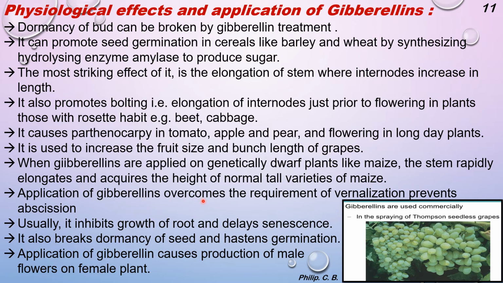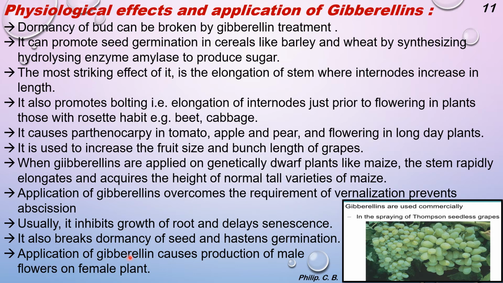Application of gibberellin overcomes the requirement of vernalization and prevents abscission. Usually, it inhibits growth of root, delays senescence, and it also breaks dormancy of seed and hastens germination.